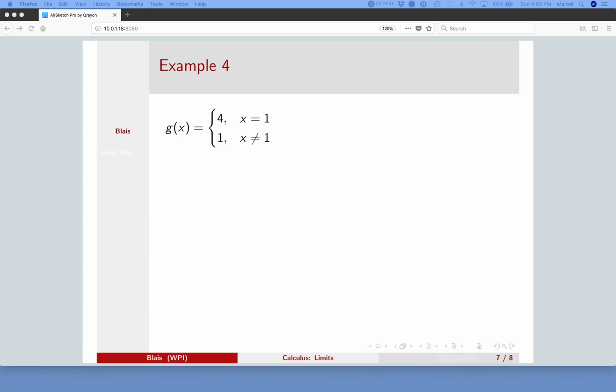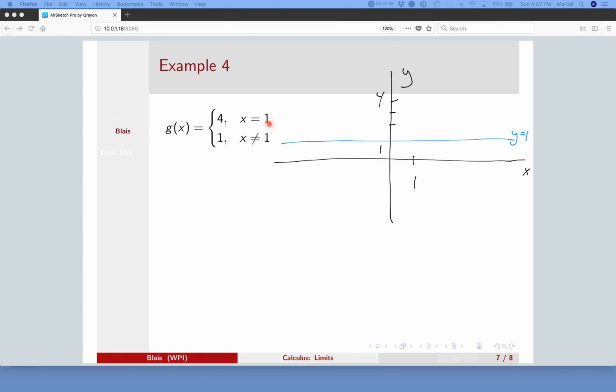In this example, if we plot things, this function, so we have a special case when x is 1. In all the other cases, this is just a line, y equals 1. So if x is different than 1, the function is just identically equal to 1. So we can draw our y equals 1. But then we note that when x is equal to 1, the function has a value of 4.